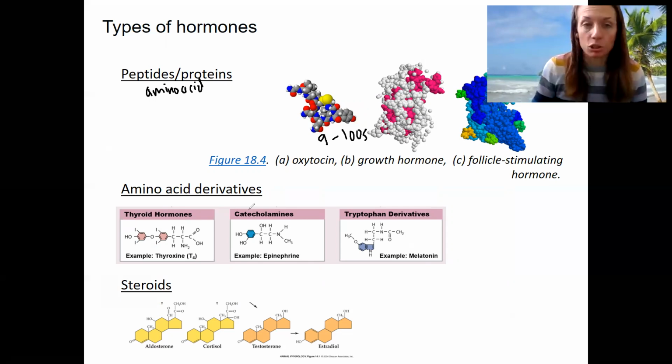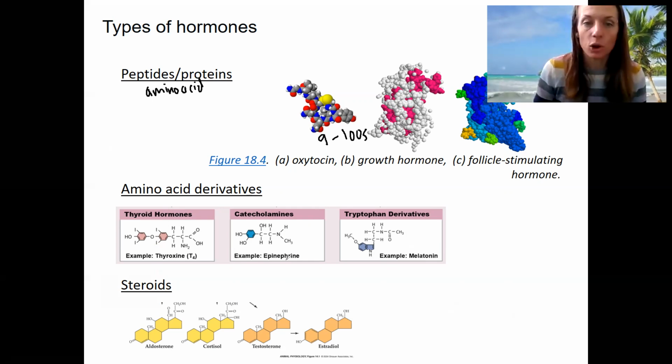Then we've got amino acid derivatives. So amino acid, that word's here too, but instead of being a link of amino acids, like peptide bonds linking them, these are derivatives of single amino acids. For example, epinephrine is a derivative of, blanking, oh, tyrosine, that's it.